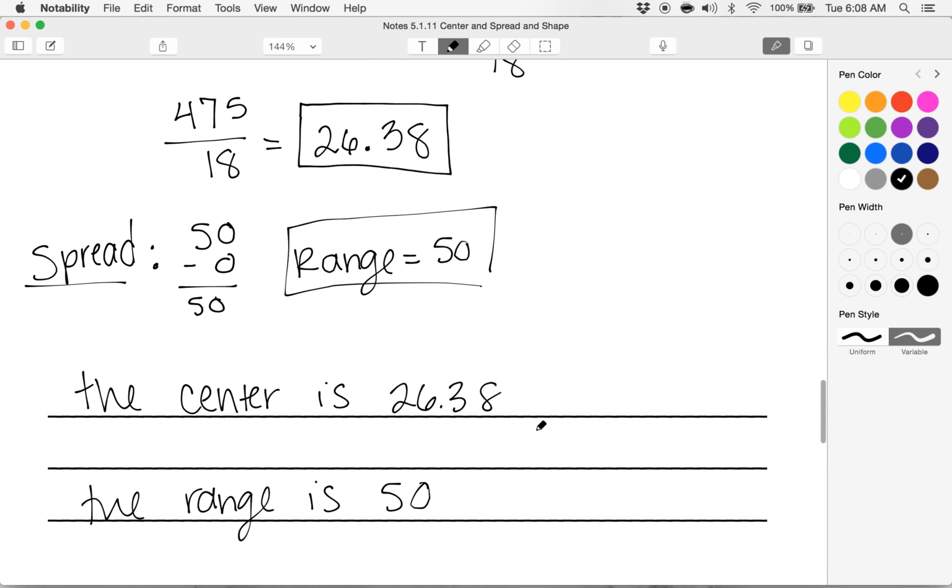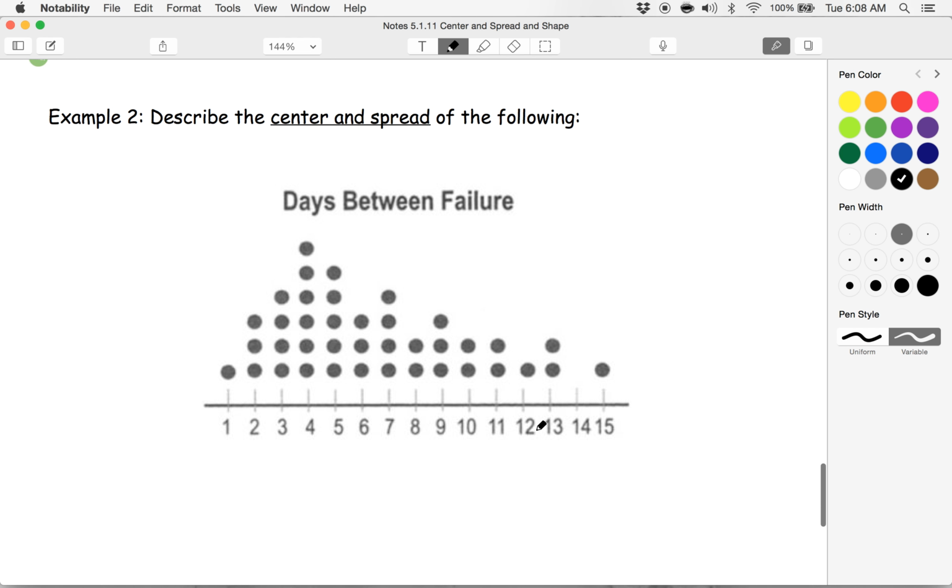Okay, let's take a look at example 2. All right, so now that you've kind of had a moment to kind of look at example 2, you can kind of see its shape. Looks like we're kind of falling down this direction.